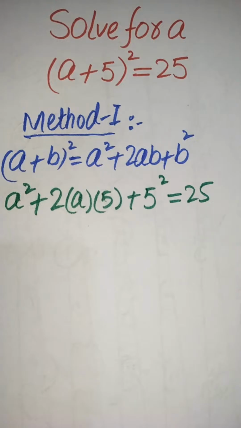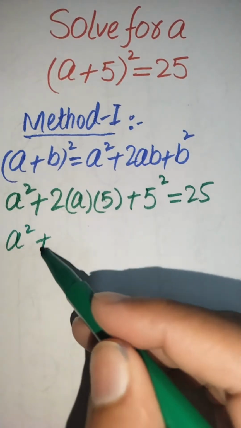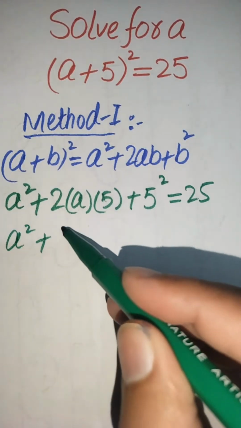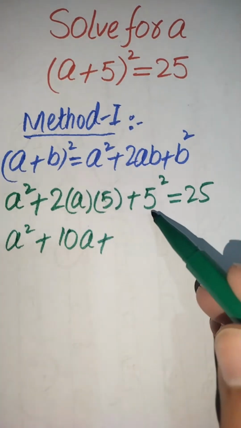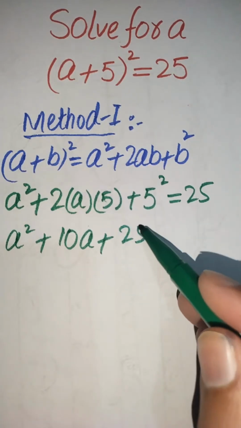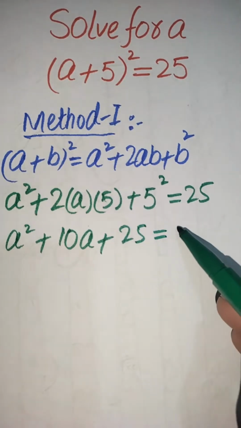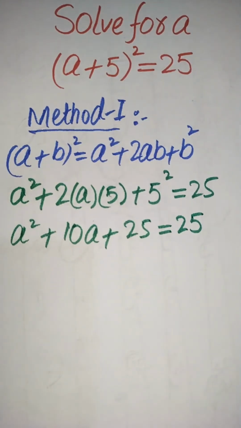In the next step, we need more simplification. We have a square plus 2 times 5, which becomes 10 times a, plus 5 square, which is 25, and this whole equation is equal to 25.